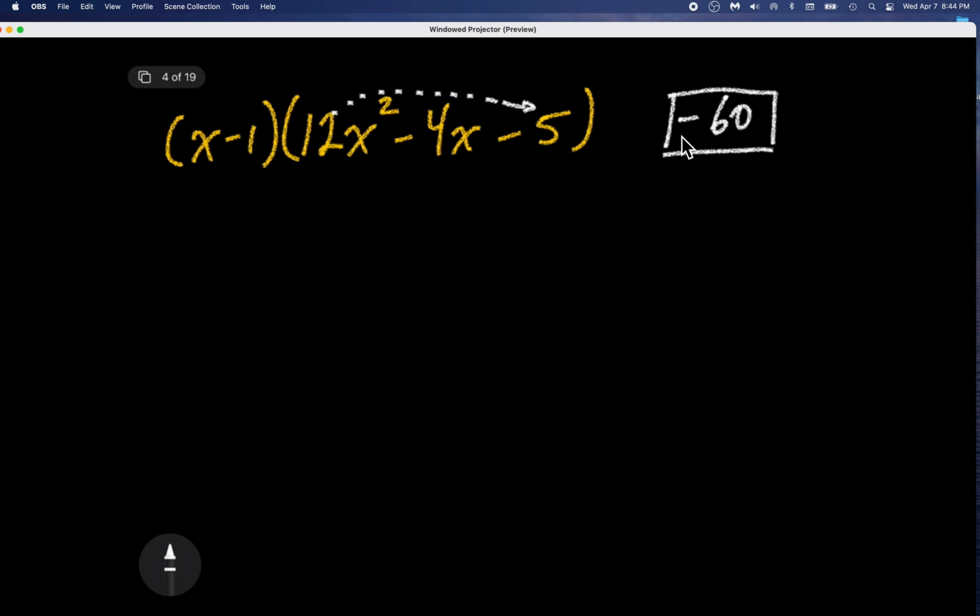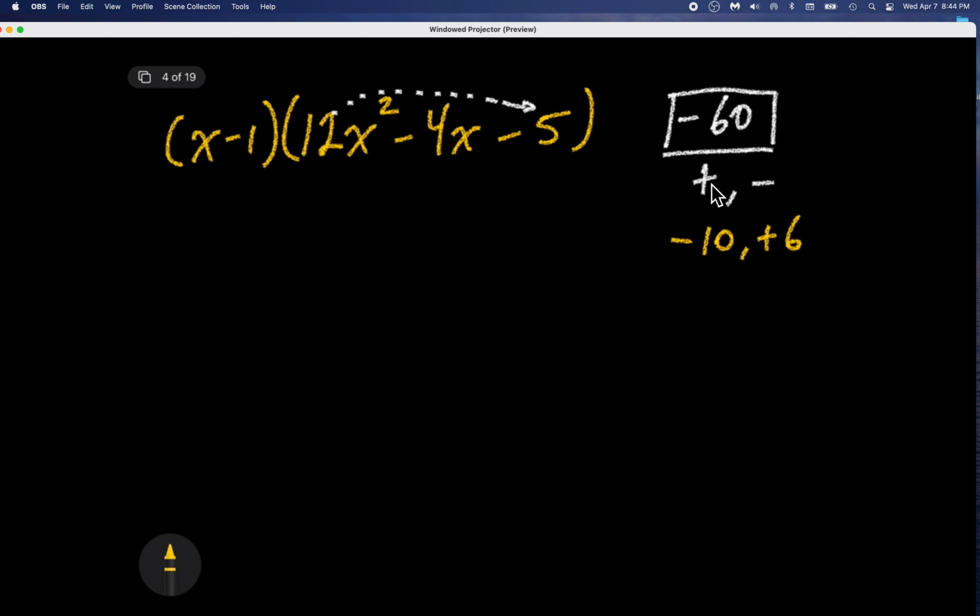Okay, whenever you have a negative number here, you know that one of the factors is going to be positive and one is going to be negative. The fact that these two factors have to add to negative 4 means that the factor that is negative has to be greater in magnitude. So we ask ourselves, what times what gives negative 60 and adds to negative 4? And the answer is going to be none other than negative 10 times positive 6.